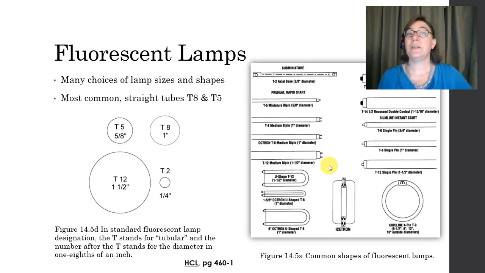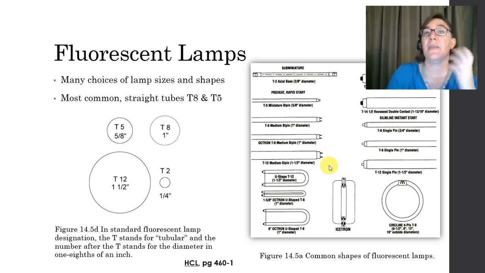There are many, many choices of fluorescent lamp sizes and shapes, and your textbook has a great illustration of them here. Most of them are tubes because of the way that this technology works, but sometimes the tubes are bent in U shapes or circles. All right, and they come in different lengths and different sizes.